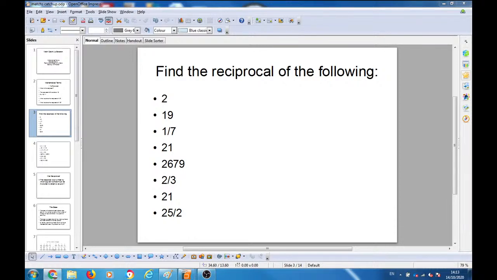Yeah, spot on. So it would be 7/1. So 7 times 1/7 gives you 1. The next one should be straightforward. We've got 21 and 2069. What do you do with them to get the reciprocal?